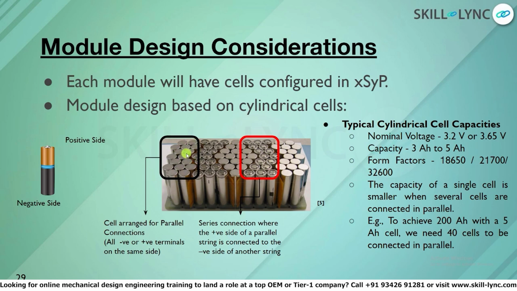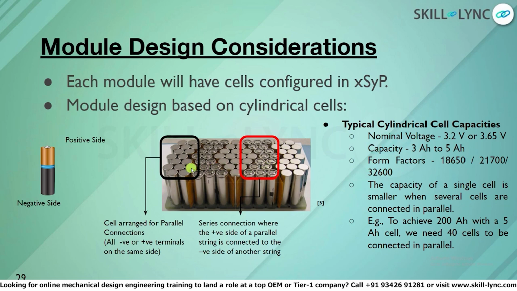You have 5 groups, so when you connect one group to another group it becomes 2s, then connecting the third group it becomes 3s, next it becomes 4s, then when you connect the last group, it becomes 5s. So you have 5 groups connected in series, with each group having 16 cells connected in parallel. That makes it a 5s16p configuration.